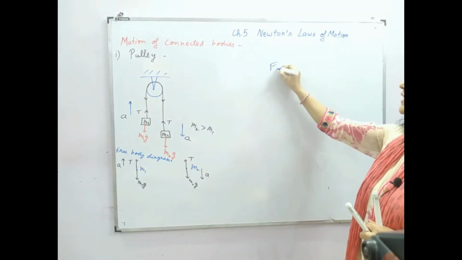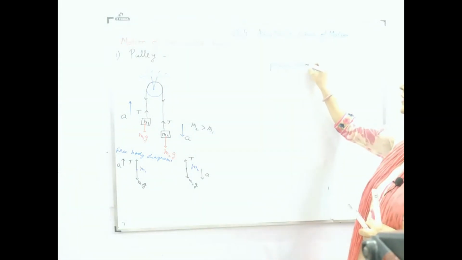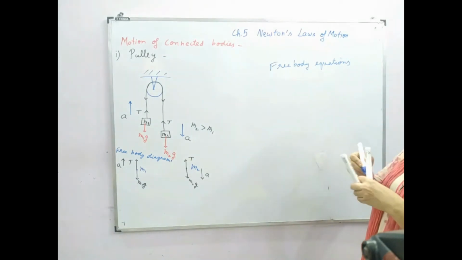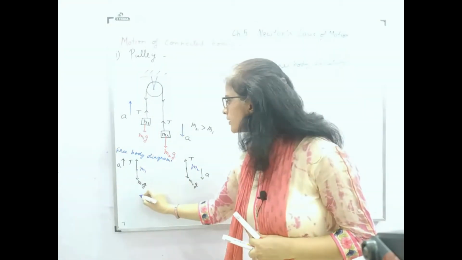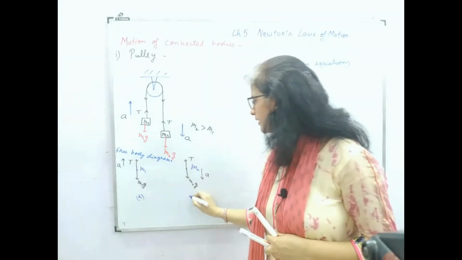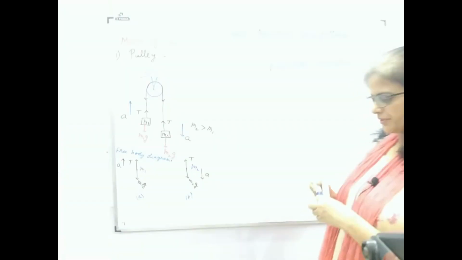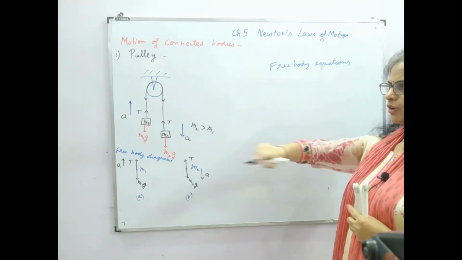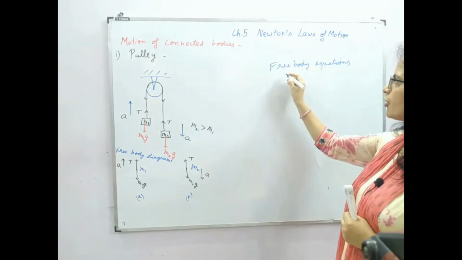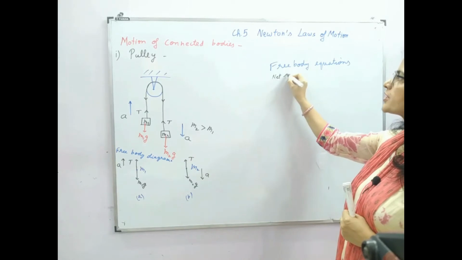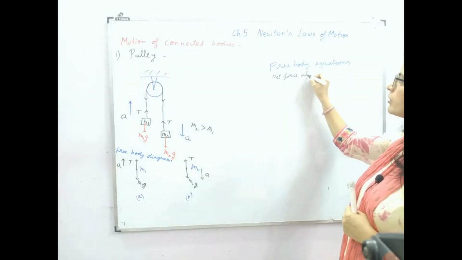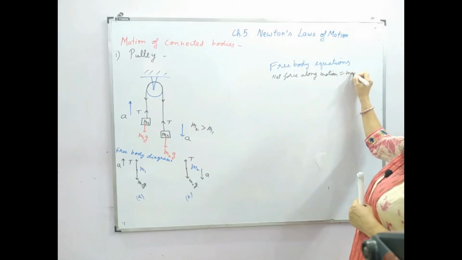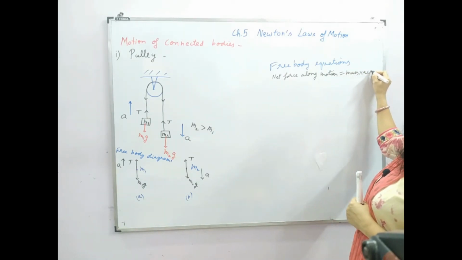So now we are writing the free body equations, for the A figure and B figure separately. So for A figure, what will we use? Newton's second law, that is net force along motion is equal to mass into acceleration.